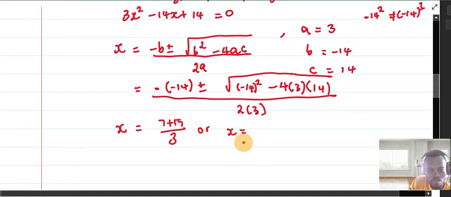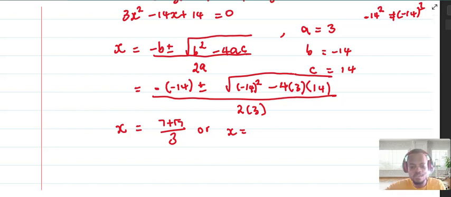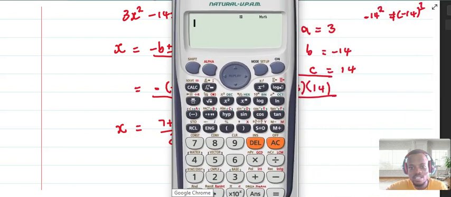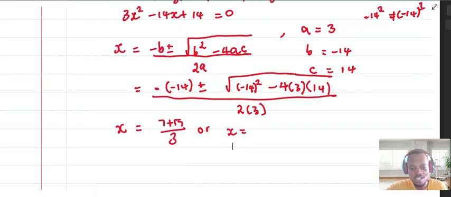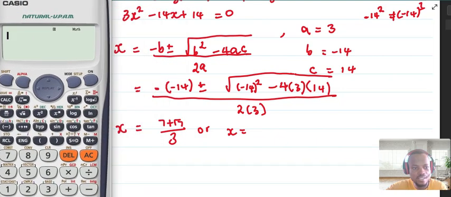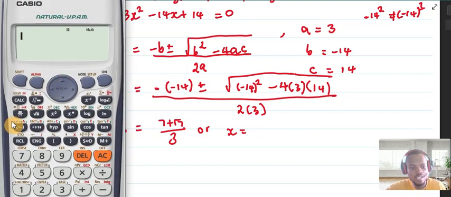x is equal to, now you go back to the very same. Everything of mine is now deleted, meaning I have to repunch the information. It's fine. We have enough time. It's minus 14, close bracket.